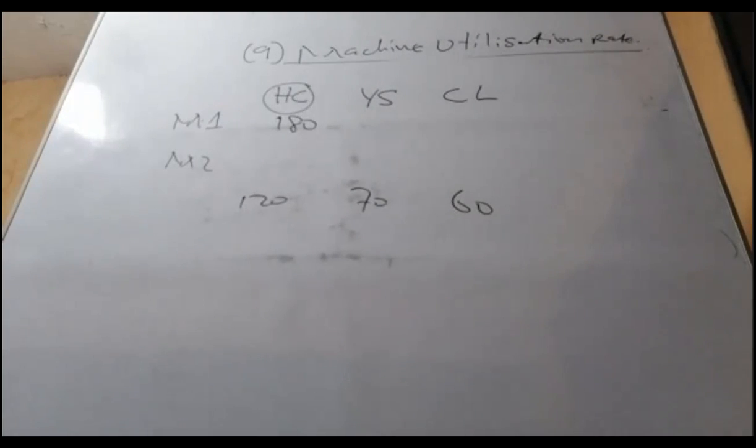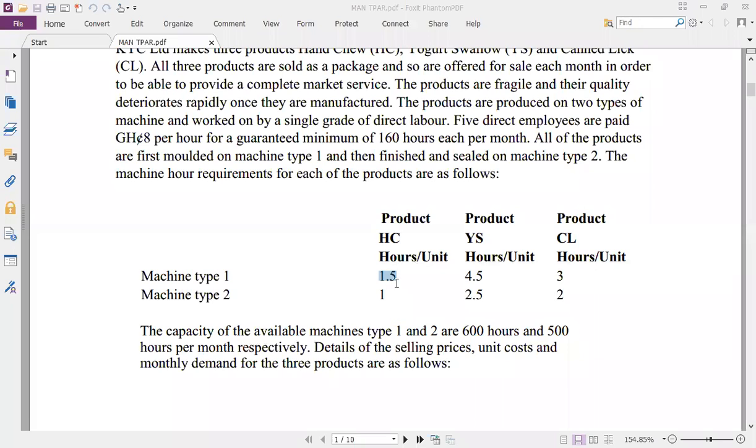Agreed. Good. Then go and pick the next one. For the same product, machine type 2 requires 1 hour. I hope you get it. You can do it product by product or machine by machine.